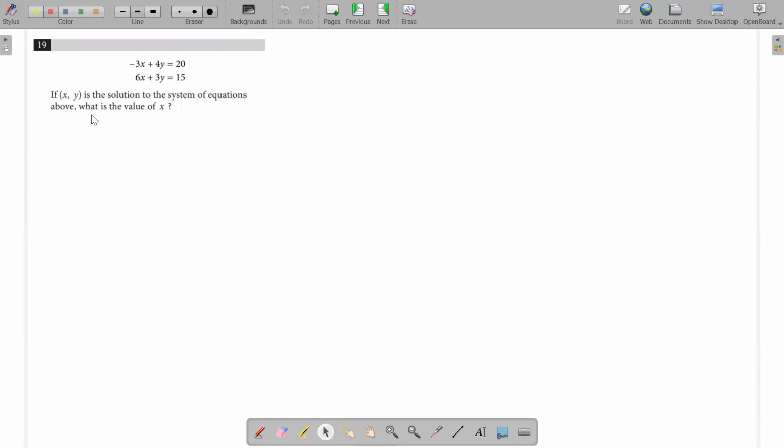For any system of equations that has a coordinate in common, we can choose which method to use. For this question, we can choose to do either the substitution or the elimination, whatever is more convenient to us, okay? Here the question says, if (x, y) is the solution to the system of equations above, what is the value of x? Now, as I said before, since we are just looking for x, we could just use the elimination method, right?